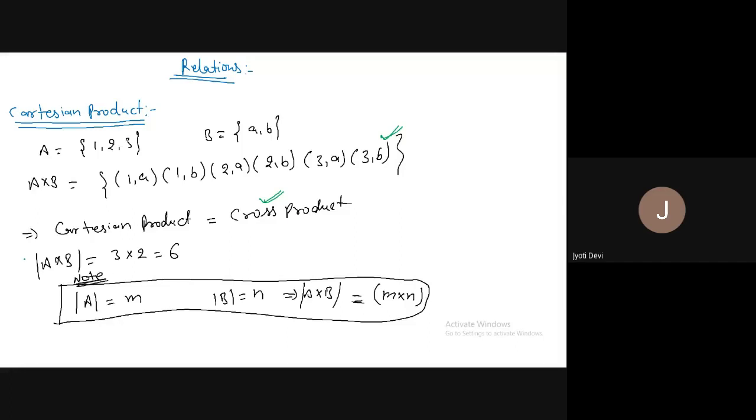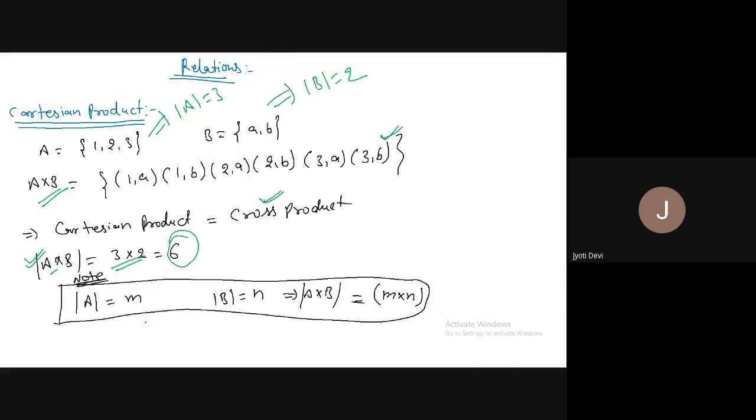What is the cardinality of the cross product A cross B? As you see, the cardinality of set A is 3 and the cardinality of set B is 2. Since you are doing the cross product, just do the multiplication and you get the result.